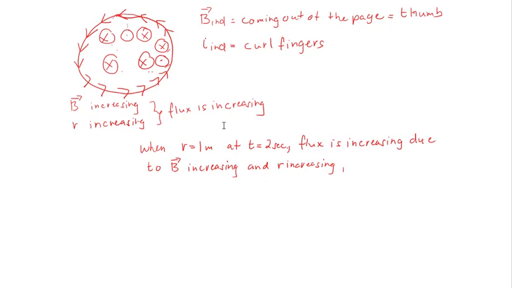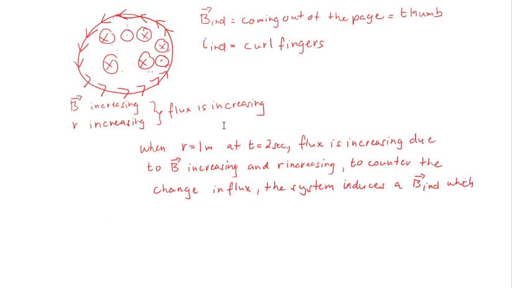And the system, to counter the change in flux, induces a B field, B induced, which in turn generates I induced.